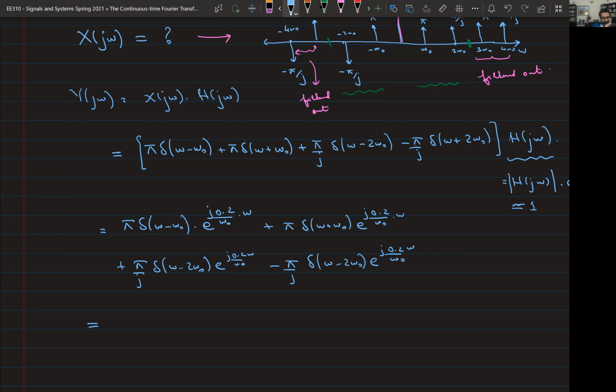So what is delta omega minus omega naught multiplied by this exponential? What is this thing here multiplied by this thing here? What do you think?